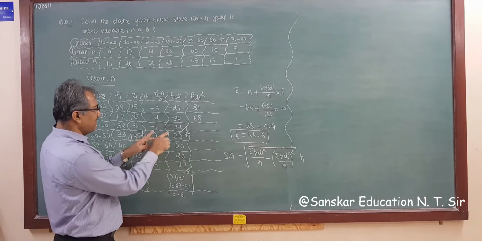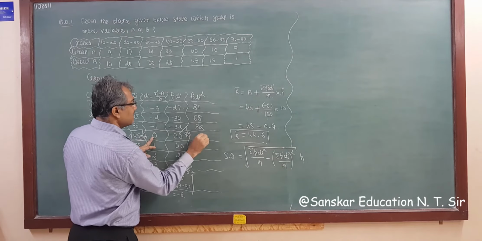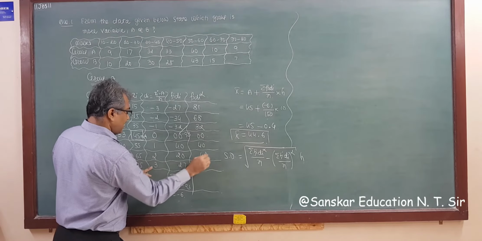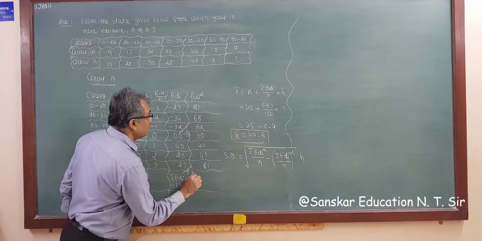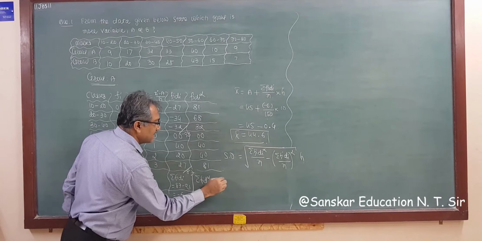No need to say anything to you because you are very intelligent students, right? This is 0, this is 40, this is 40, and this is again 81. Now the sum of this: 9, 15, 18, 22, 26 and 8, 34.